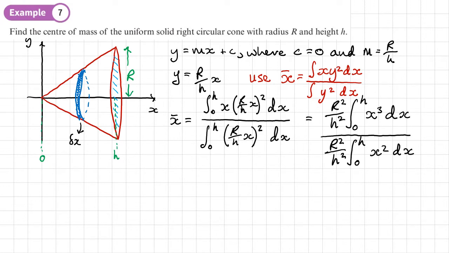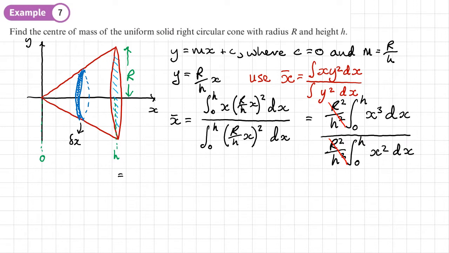So if I simplify that out, I'll have r squared over h squared, put it over here, it's a constant. I'll get x squared from here times x, giving x cubed. Do the same at the bottom, r squared over h squared, constant over this side, leaving just x squared over here. Now you can see that these are going to cancel out.